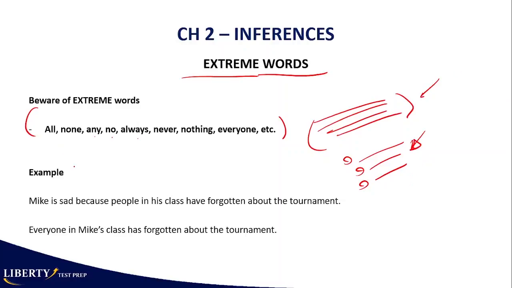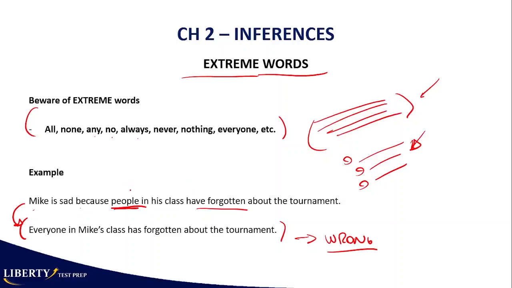Example: Mike is sad because people in his class have forgotten about the tournament. And then we say something like a deduction: everyone in Mike's class has forgotten about the tournament. That's not true. This is a wrong deduction. Why? Because the statement says Mike is sad because people have forgotten. It doesn't say that all people have forgotten.